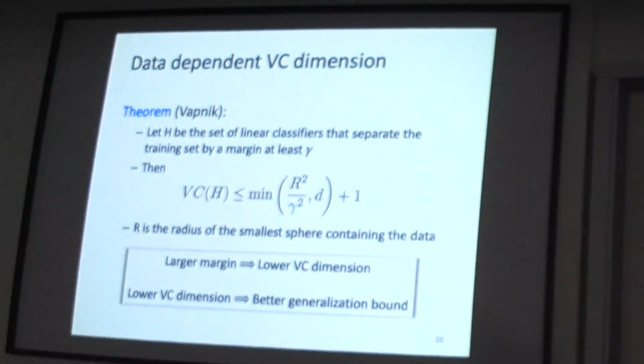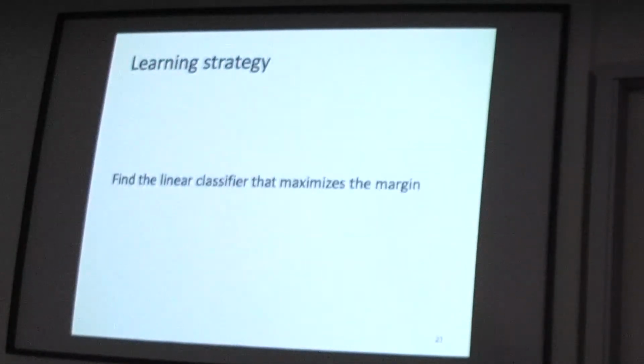Okay, so now I want to find a subset of linear classifiers with as small a VC dimension as possible. Then why not, when I train my classifiers, just search for the linear classifiers that have the largest margin? If I do that, I restrict my search space to the subset of H that has the largest margin.